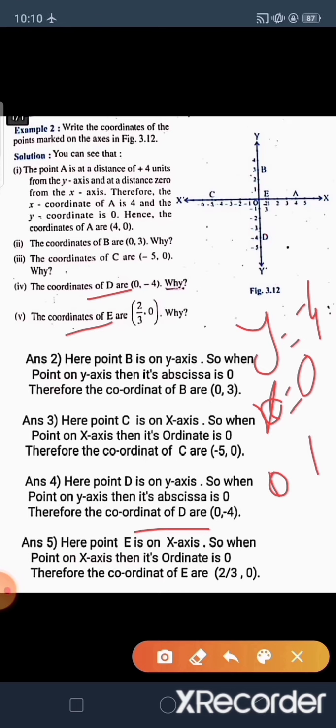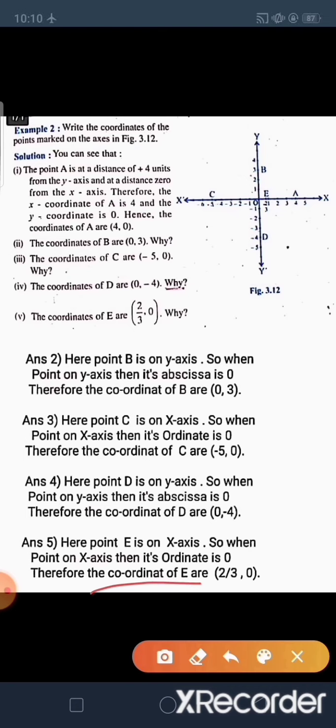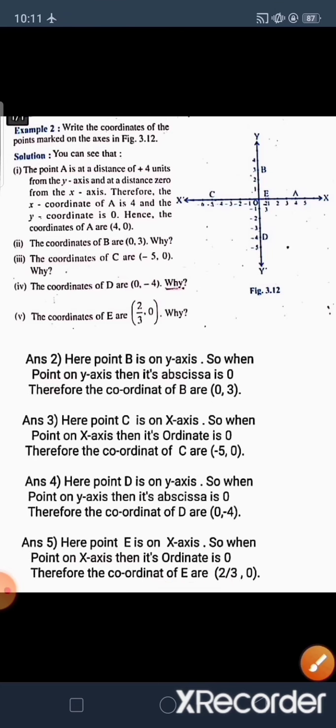So from the y-axis we get the x coordinate of point E as 2/3, and the y coordinate is 0, because the point is on the x-axis. Therefore the coordinates of point E are x coordinate 2/3, y coordinate 0. So we write (2/3, 0) as an ordered pair.